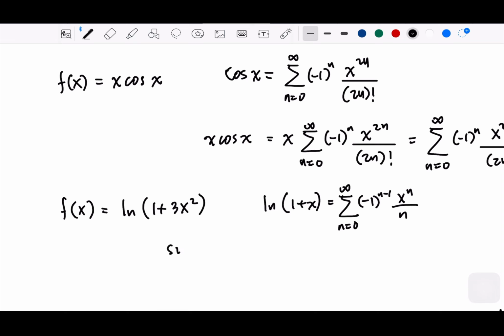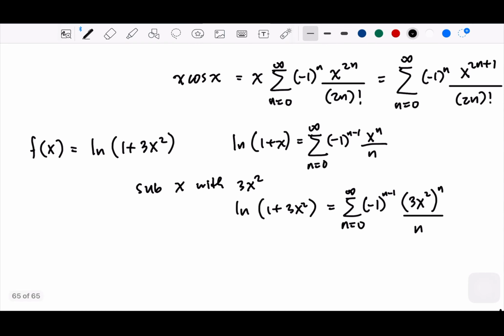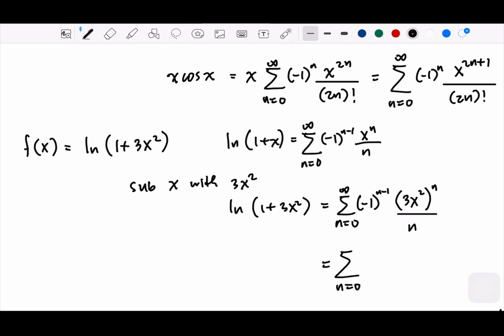And then substitute x with 3x squared. So ln 1 plus 3x squared, this is 3x squared to the n, or this is 3 to the power of n, x to the power of 2n, over n.